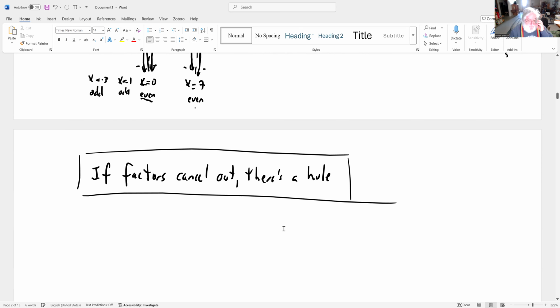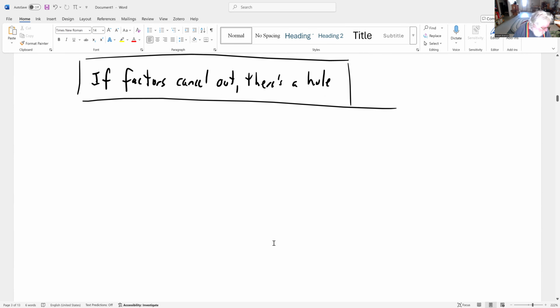Okay, and then last thing is case 3. Higher power in the bottom.